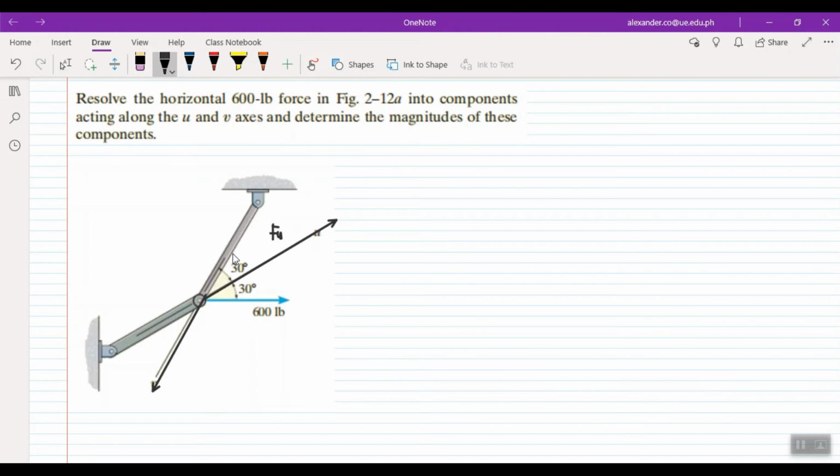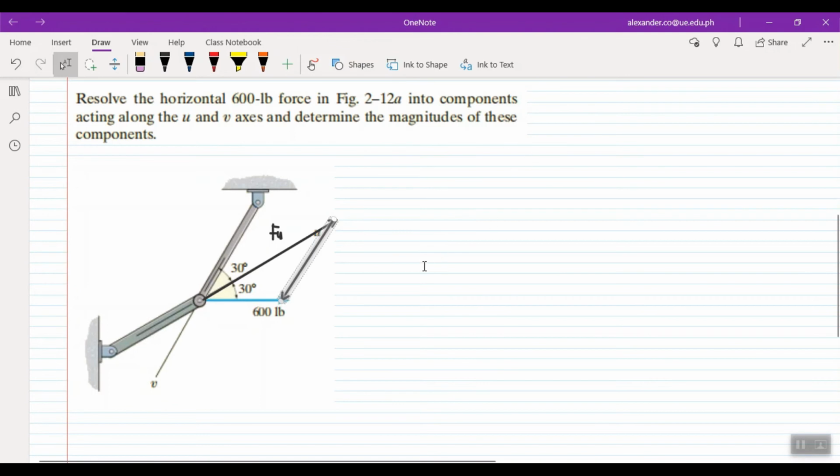So, ngayon, ang gagawin natin, katulad ng previous, kukunin natin tong isang force na to, ililipat natin sa head and tail. So, yan, no? Kung papansinin natin, medyo sumobra. Hintayin natin dito. Okay? So, meron na tayong force 1, force 2, tapos ito yung resultant.